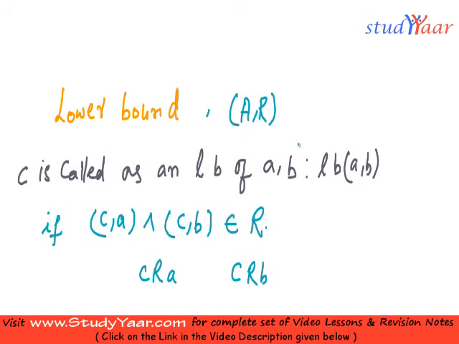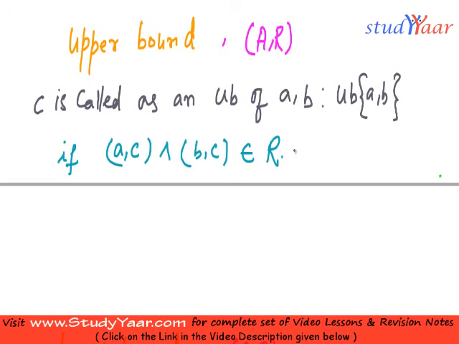Now expanding the concept of the upper bound, we have something called a least upper bound. Let's see what it is.